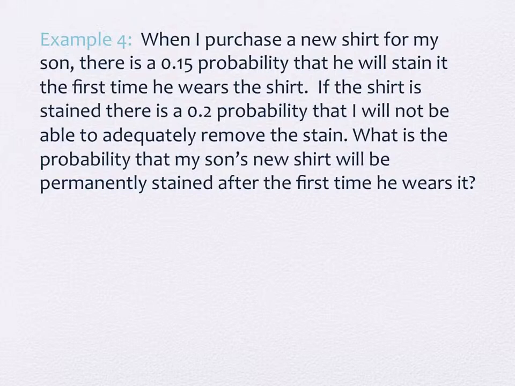If the shirt is stained, okay, so that's event 1. Event 1 is he stains it or he doesn't stain it. Are you with me? Then there's a second event, and it's laundry, all right? If he stains it, there is a 0.2 probability that I will not be able to adequately remove the stain. What is the probability that my son's new shirt will be permanently stained after the first time he wears it?